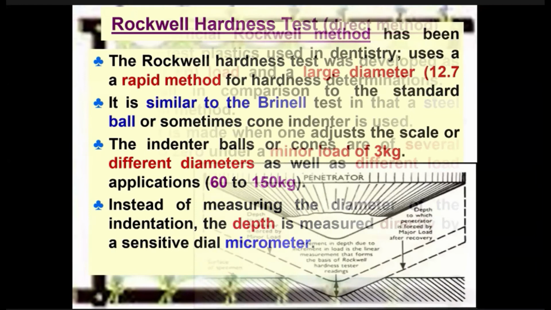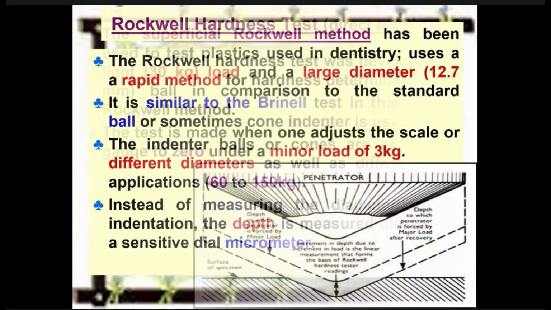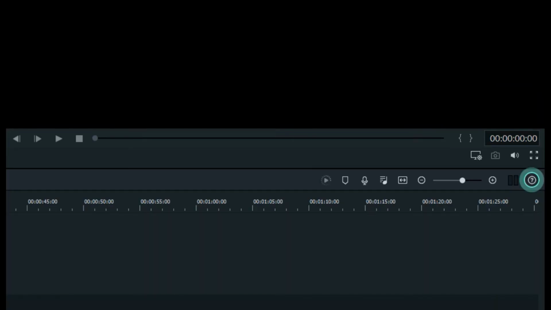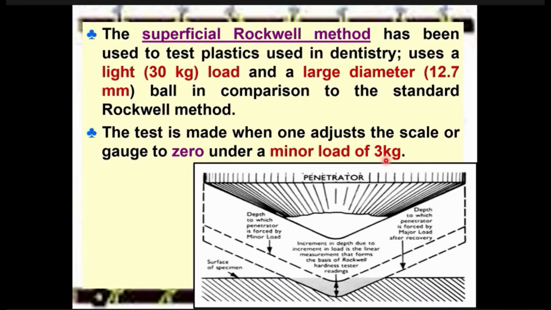However, we have to apply weight twice because this method works on a different principle. The material is elastic, so we apply a very light load, which is called the minor load, or sometimes termed preload.